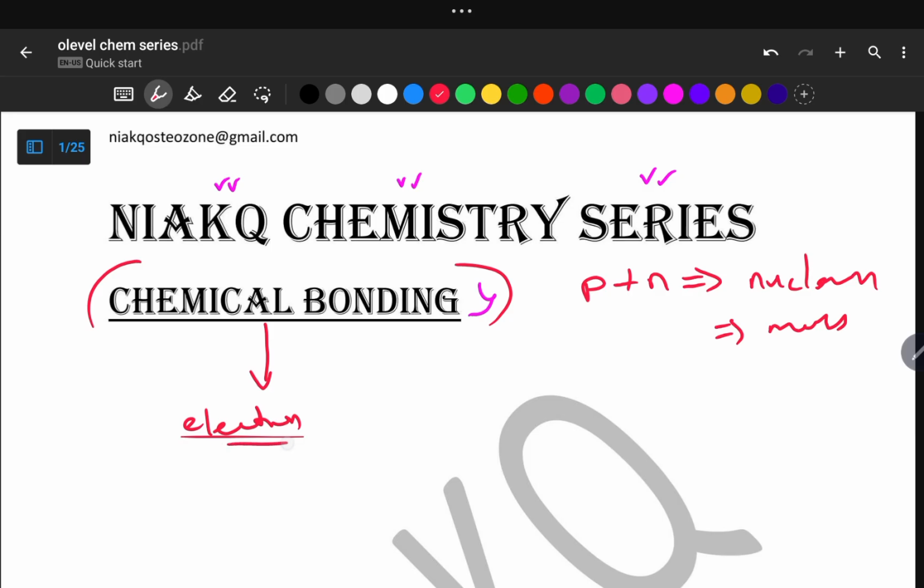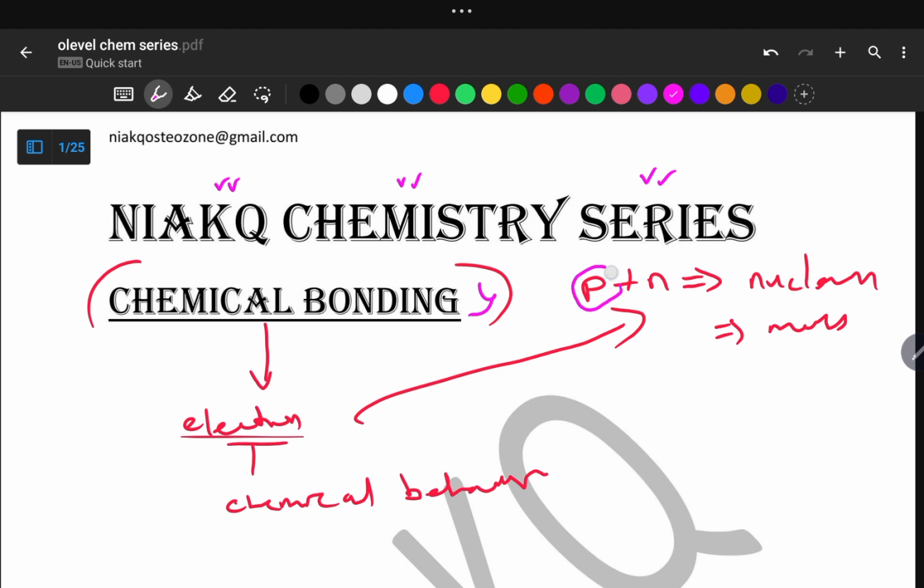The electrons don't contribute to the mass number, they only contribute to the chemical behavior of an atom. From A-level chemistry, that's where we are going to explain the effect of a proton or neutron on the chemical behavior. But as for now, just know that protons and neutrons only contribute to the mass number. Only the electrons contribute to the chemical nature of an atom, right? As for now, just appreciate that, for junior chemistry it is enough.